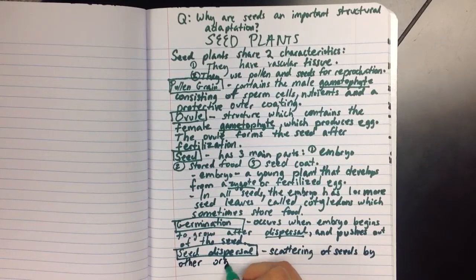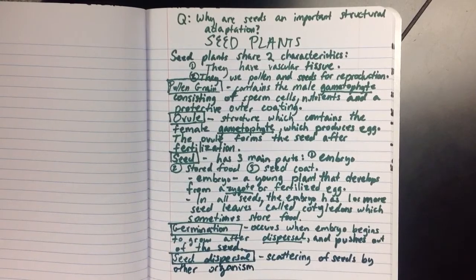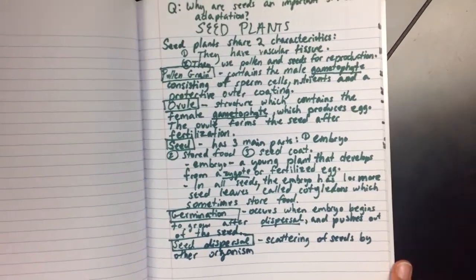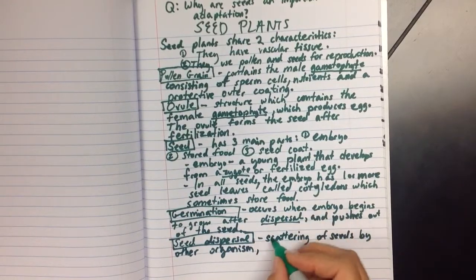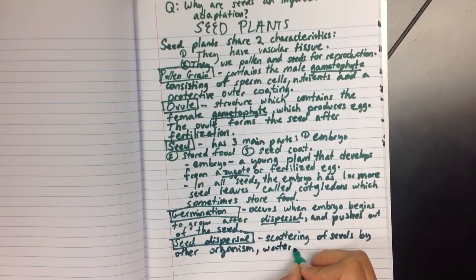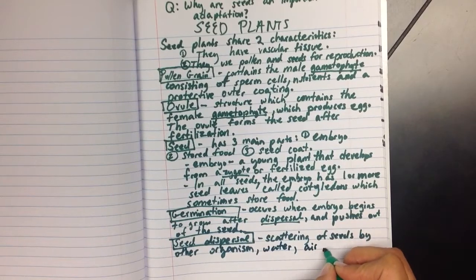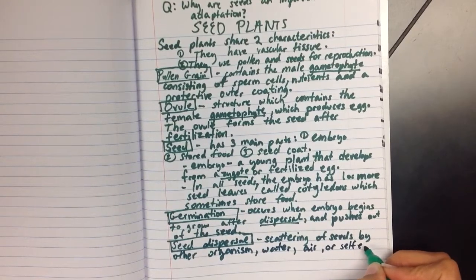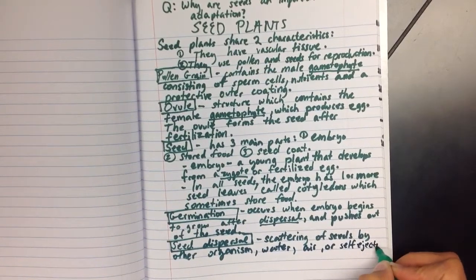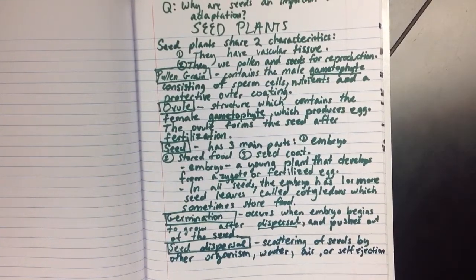So think about an animal eating a fruit and swallowing the seeds. The seeds come out in the poop of the animal, and so there are now seeds that have been dispersed in different areas. Seeds can also be carried away by water, by air, or sometimes through self-ejection methods, which literally means the plant is able to kick off the seeds.